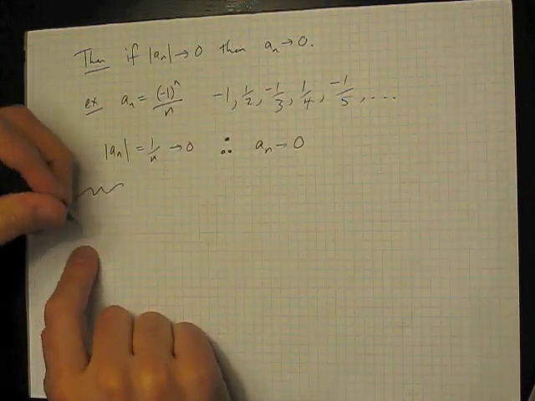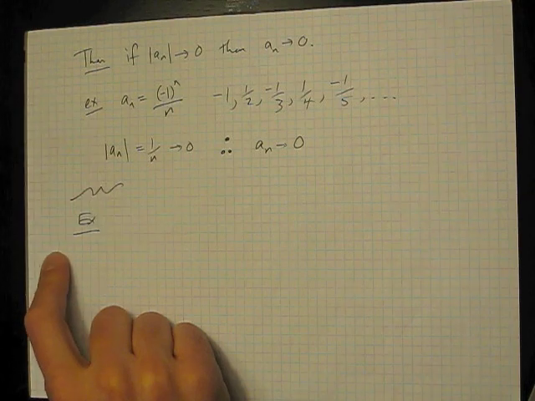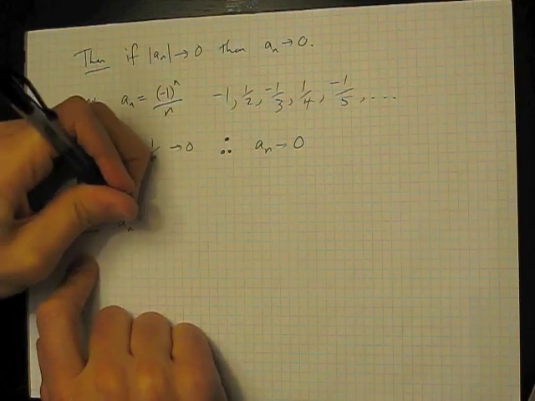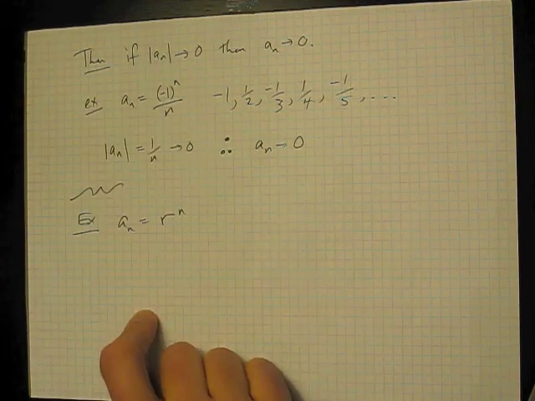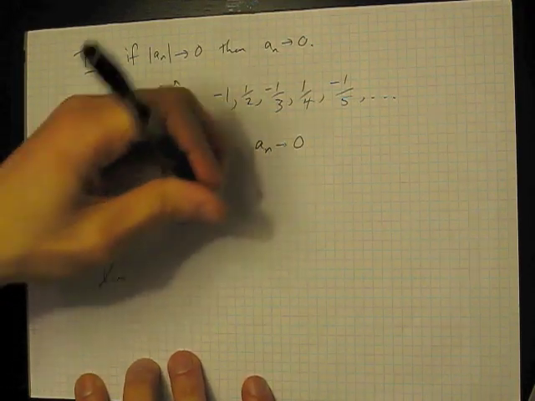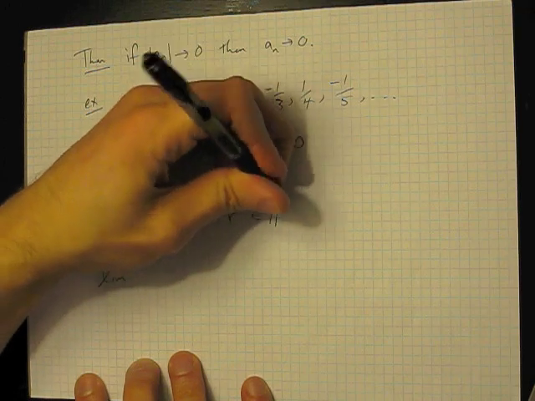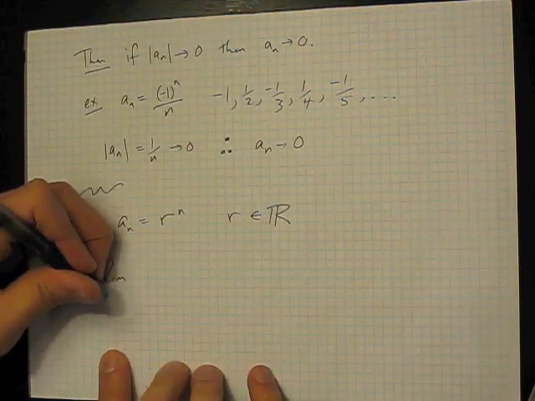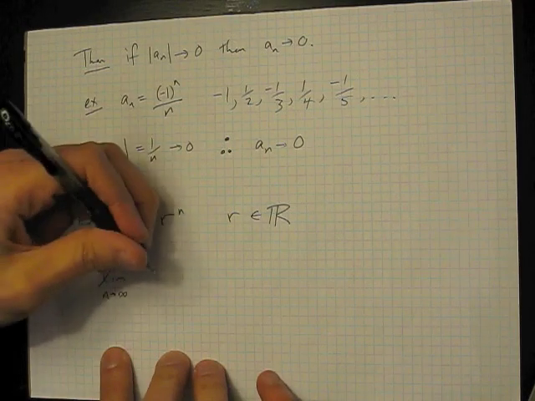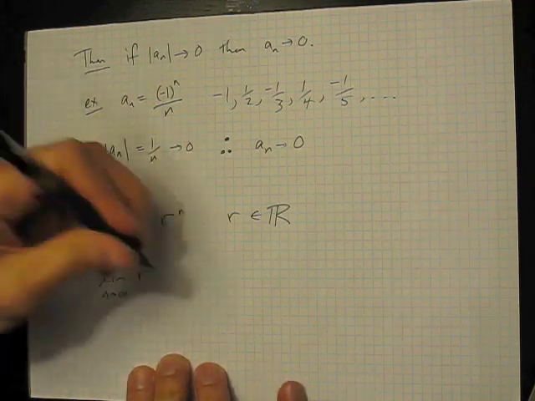And we saw one other example that we worked on extensively in class. This is when a_n was equal to r raised to the nth power. And we asked ourselves, r is just some number. r is allowed to be any real number. So we look at the limit as n goes to infinity of r raised to the nth power.